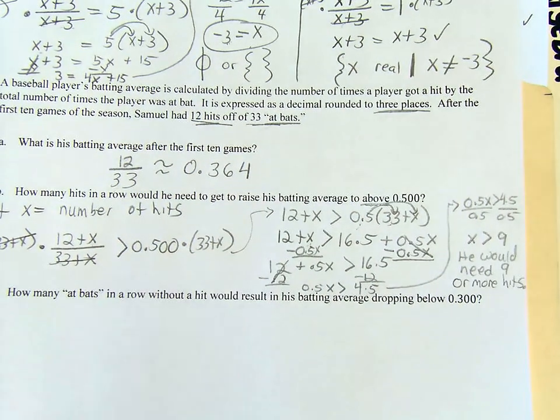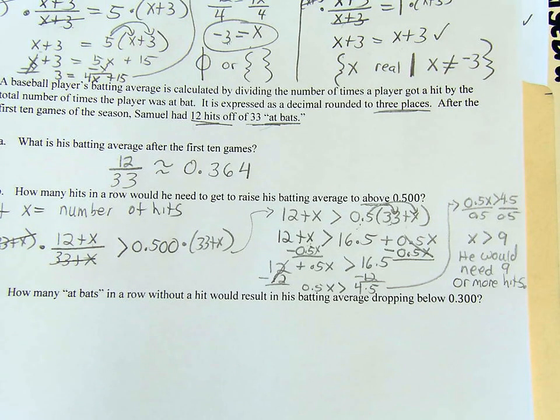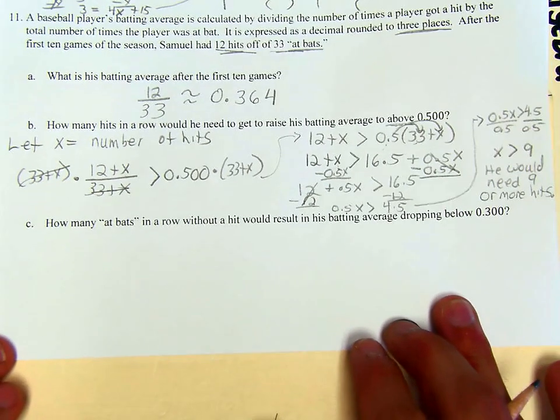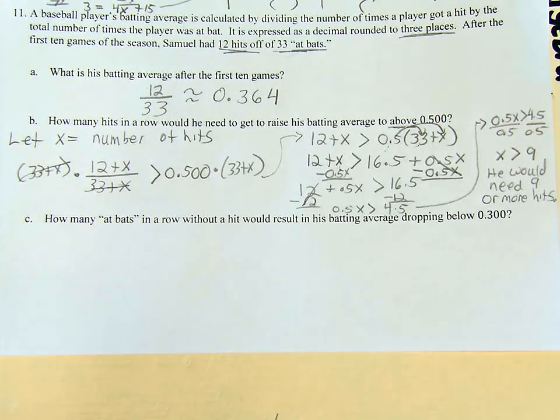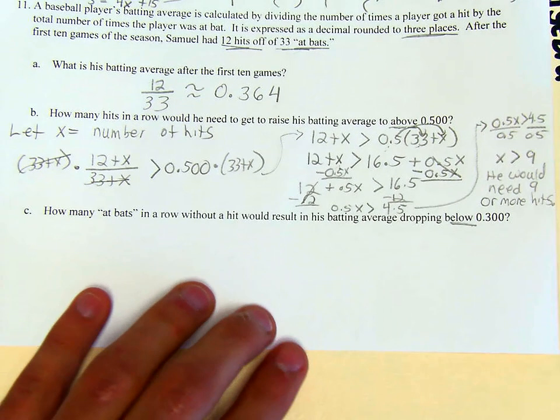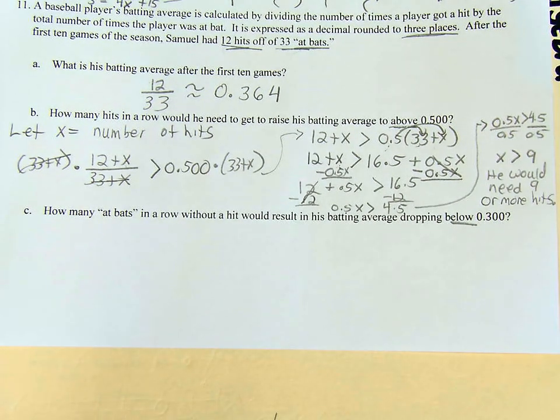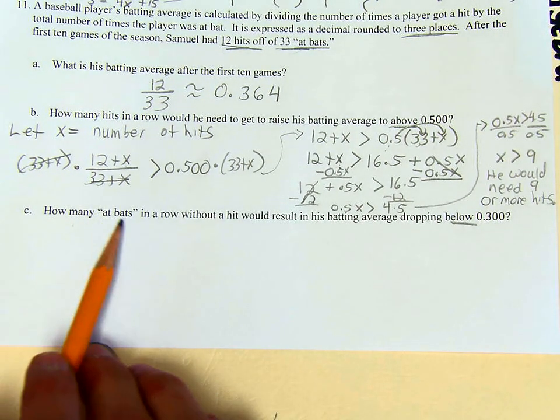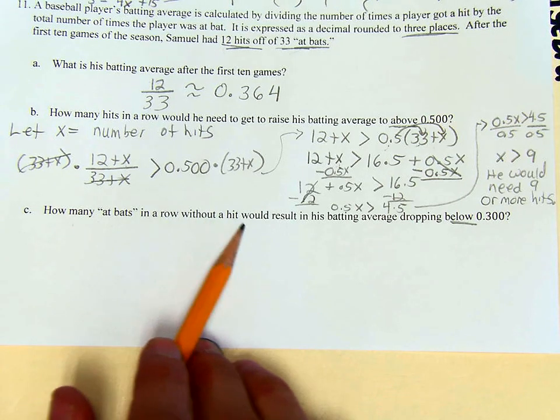Okay? And then the last one that we have, it says how many at-bats in a row without a hit would result in the batting average dropping below, so now we're going to go below 0.300. So basically, we want how many more at-bats in a row without a hit, so he's not going to get a hit, so we're not going to add x.